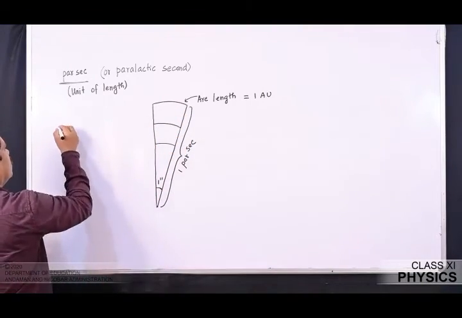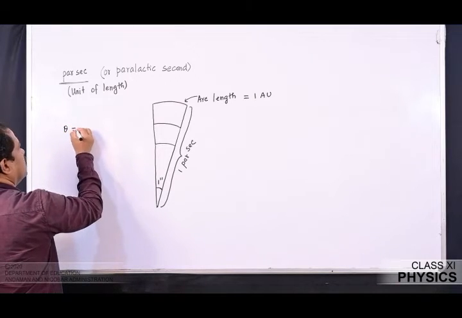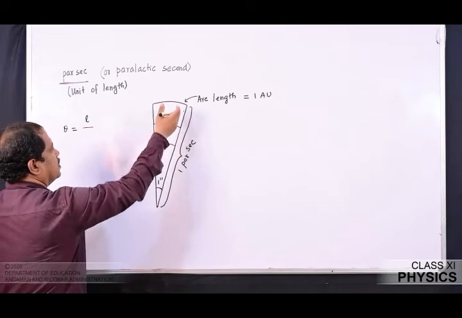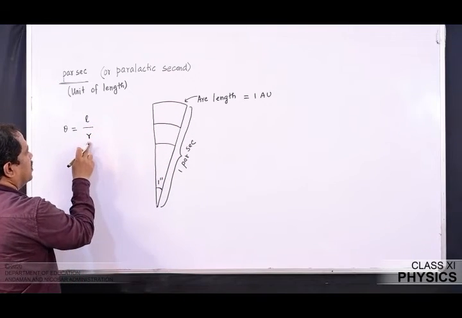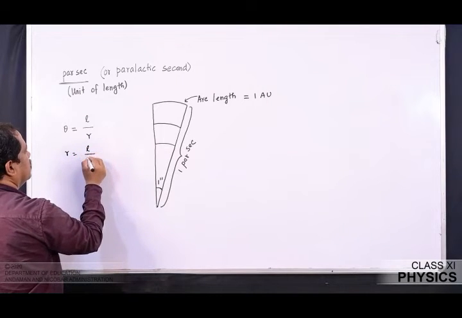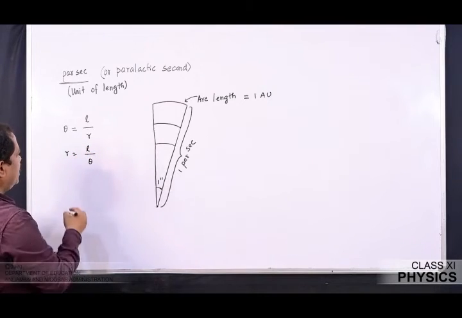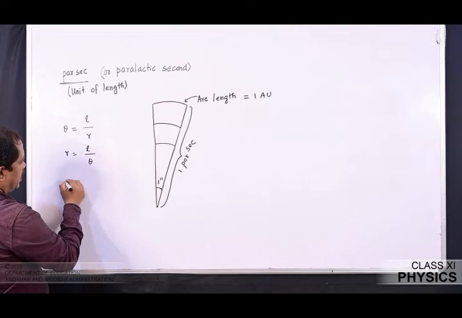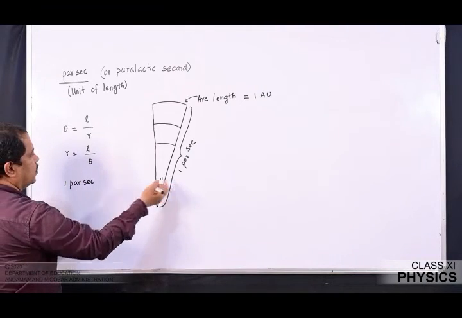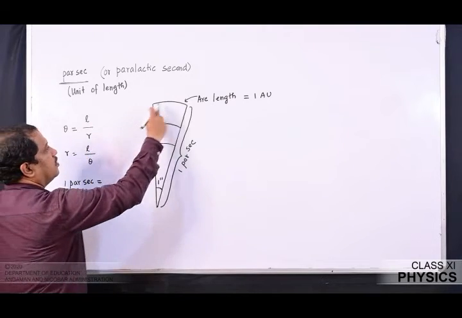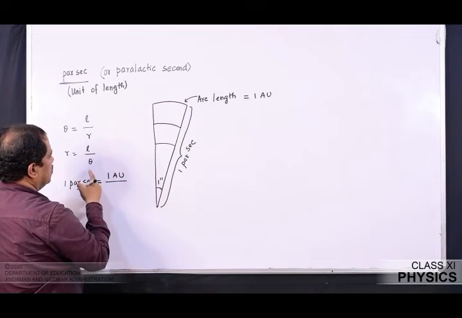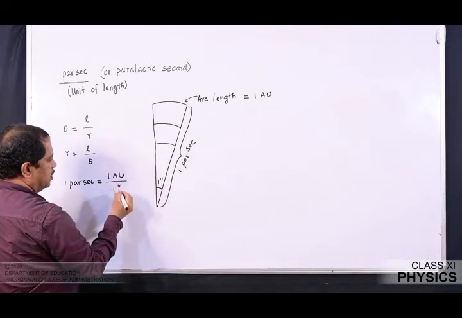I know plane angle is equal to arc length over radius. But the radius I told you is the parsec, so radius is equal to L over theta. In that case, for getting 1 parsec, the size of the radius is 1 parsec. So this is equal to the length of an arc, which is 1 astronomical unit, over theta, and theta is equal to 1 second.